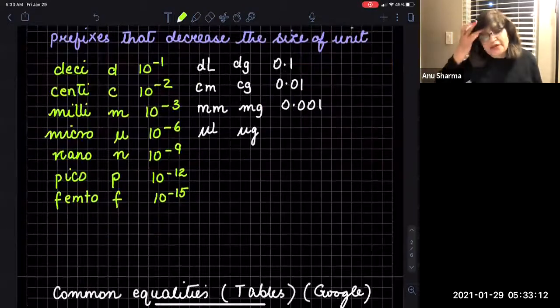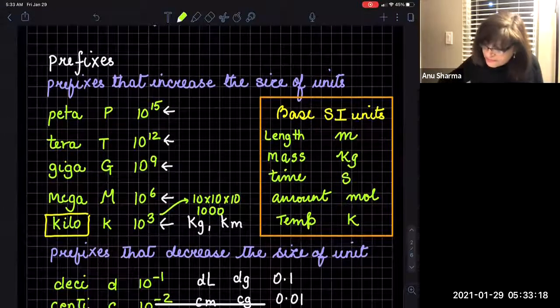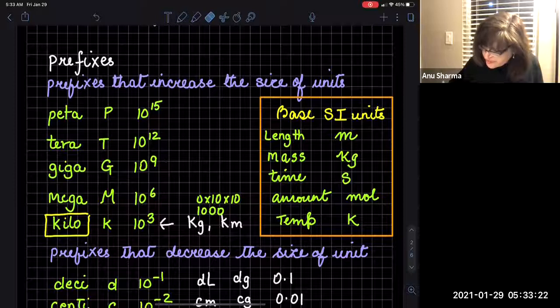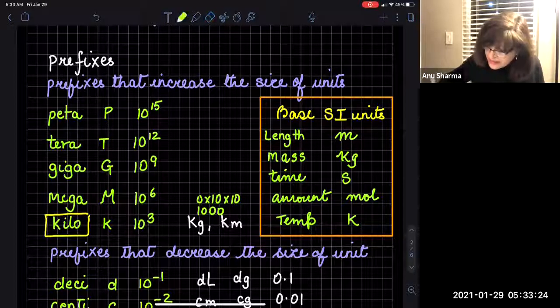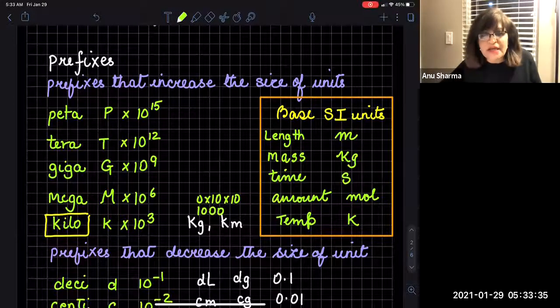Next thing, the ones that are smaller in size, you are going to be dividing. The ones that are larger, you are multiplying. So I'm going to just put this here: you multiply by whatever number is there, these 10 to the power 3, then you get kilo, 10 to the power 6, and so forth.